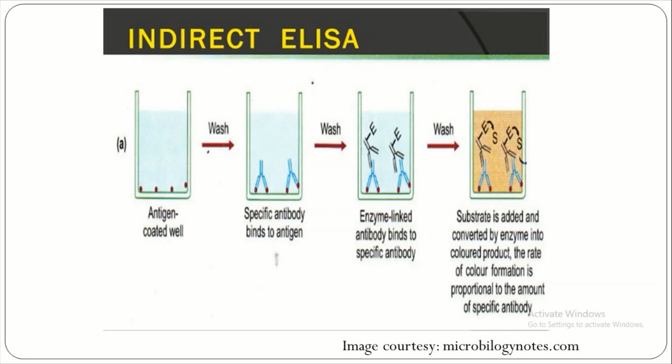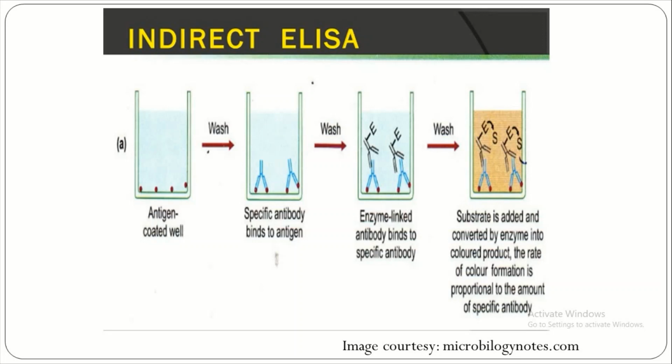You wash it twice, so the excess unbound antigen is washed away. The next step after washing, you add the specific antibody which is raised against the antigen. This antibody will bind to the pre-coated antigen.